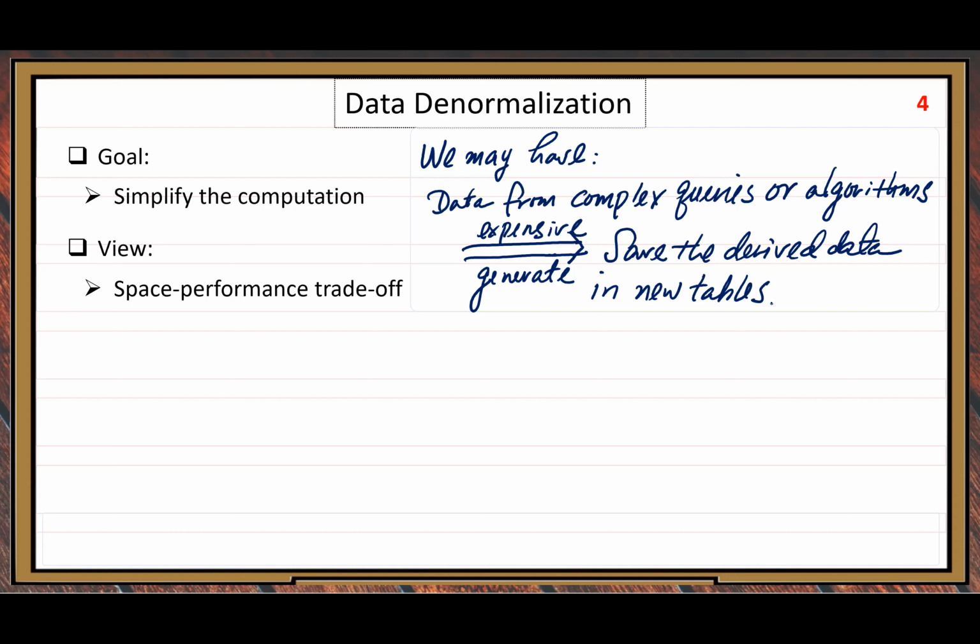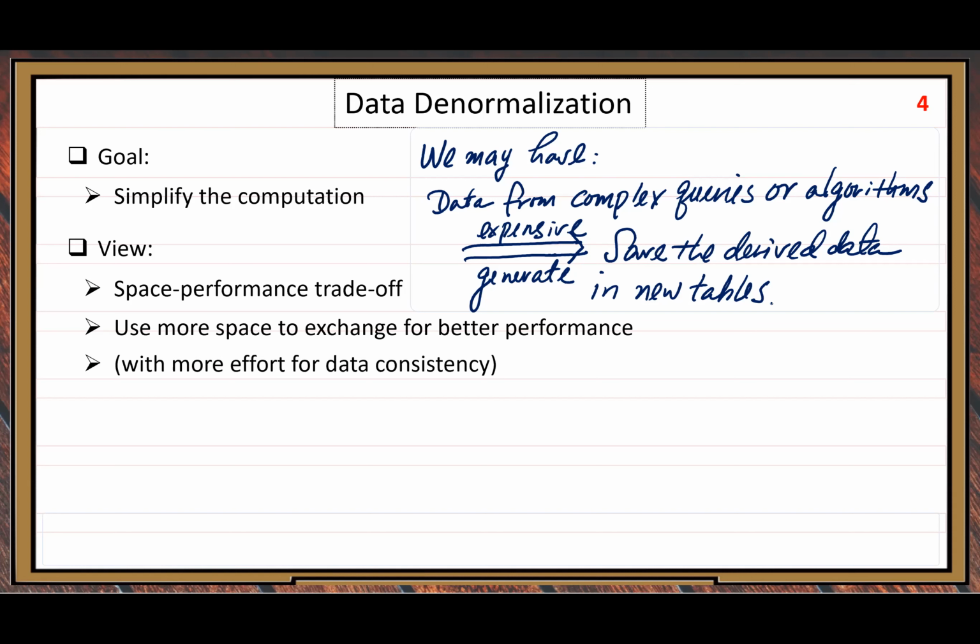Google search engine, think about how much gain you have. I will give you the details of that story. It's a big gain. We use more space to exchange for better performance, with more effort for data consistency.